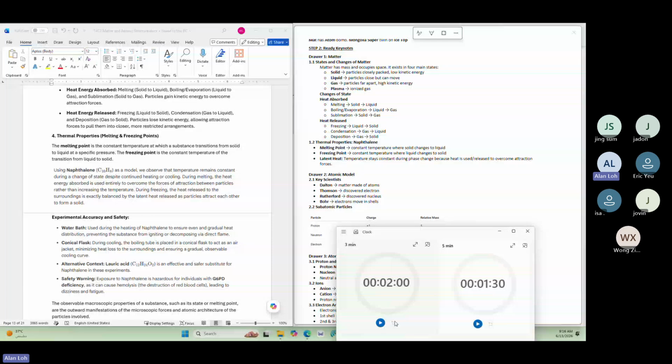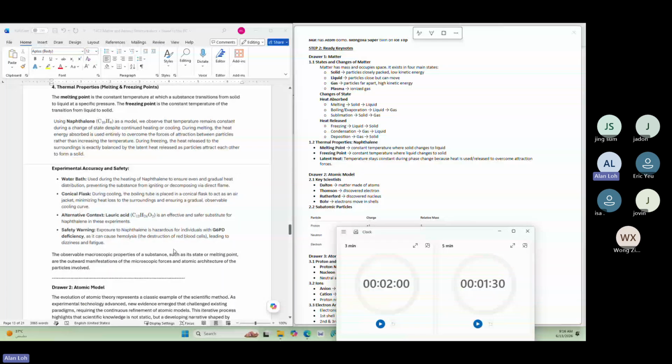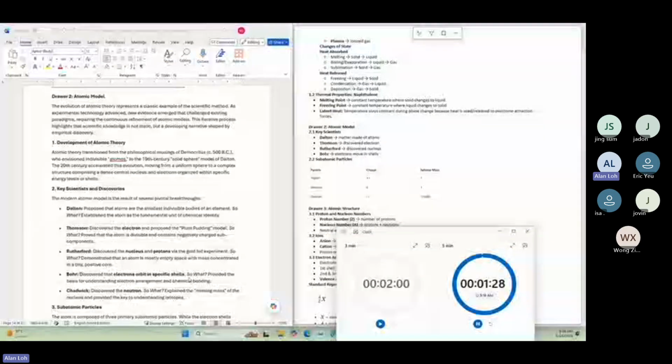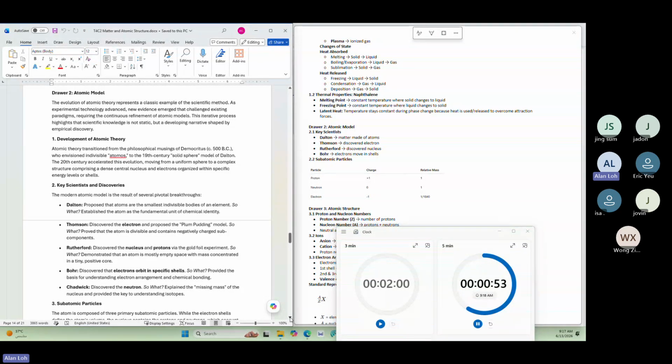Okay, let's do 1.5 minutes for drawer 2. Let's start now. Atomic model. Okay, let me scroll down a bit. It should be 0.2 by now.